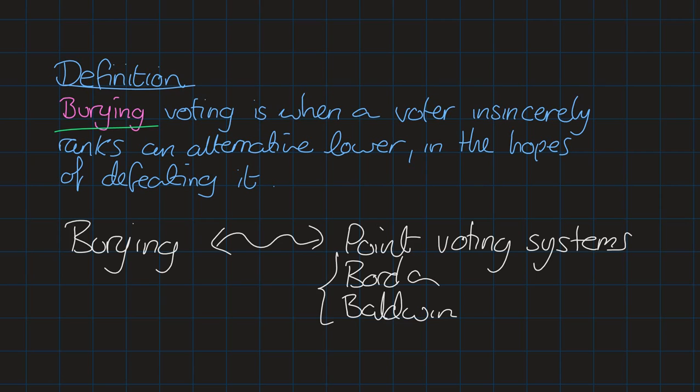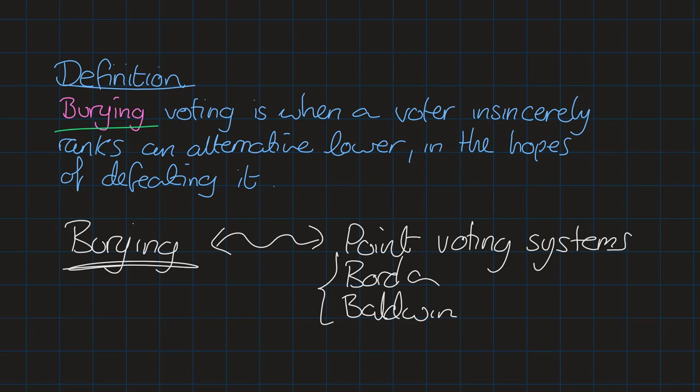Okay, it's mainly used in these two examples. Again, this is just a rule of thumb and it's not always true. You can use pushover for the Baldwin as well. You can use compromise for these voting systems as well. But as a rule of thumb, if you see Borda or Baldwin, maybe think burying.